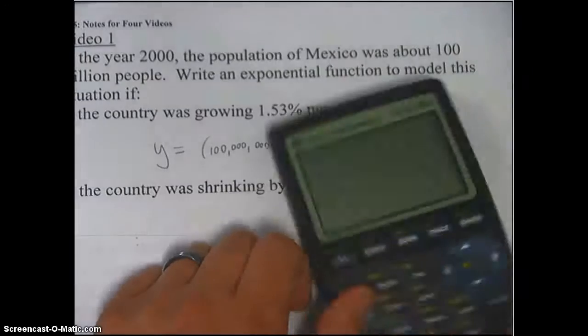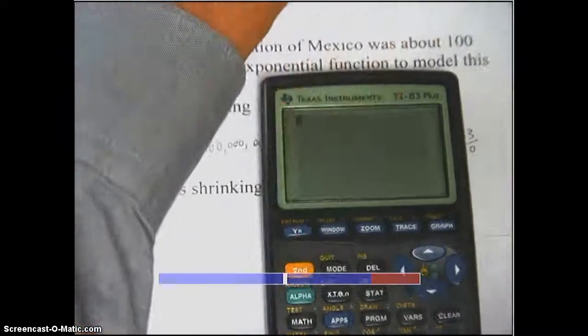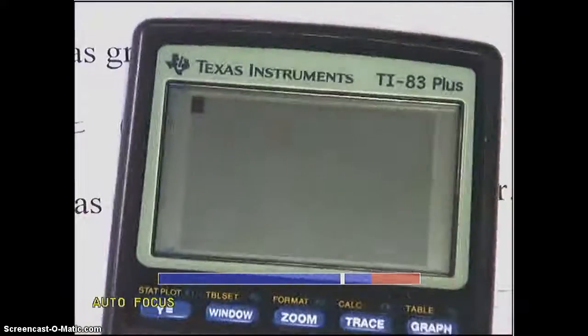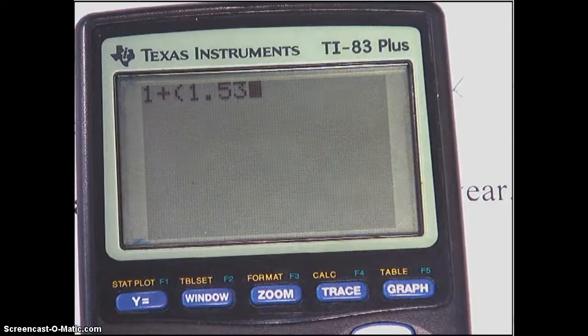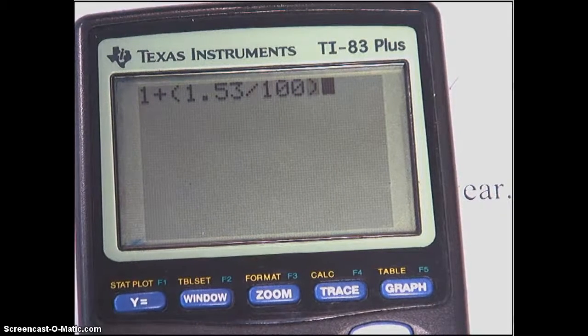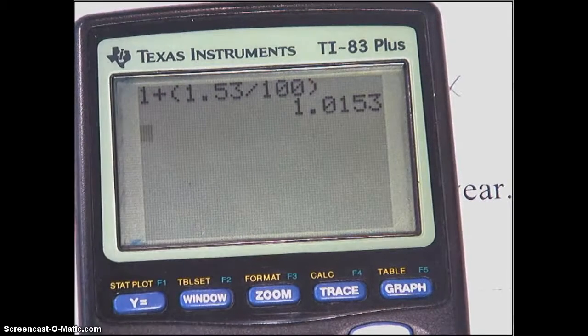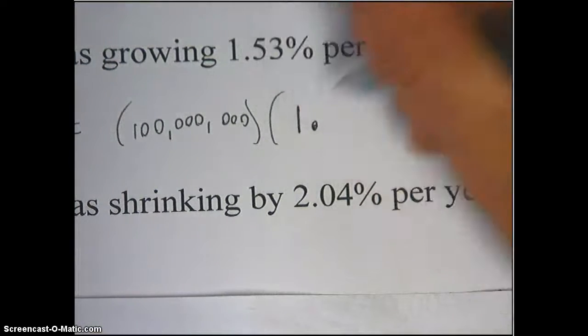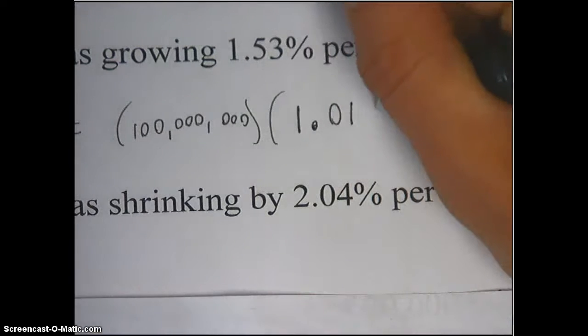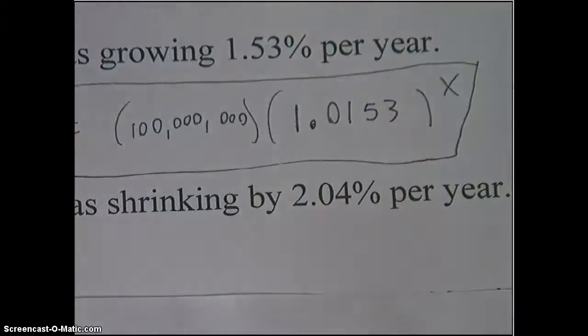So that's just calculator work, and I'll zoom in so you can see what I'm typing into my calculator. 1 plus 1.53, that was the percentage, divided by 100. So my growth factor is 1.0153. That's what I'm going to type into my equation here. So my exponential growth equation is right here.